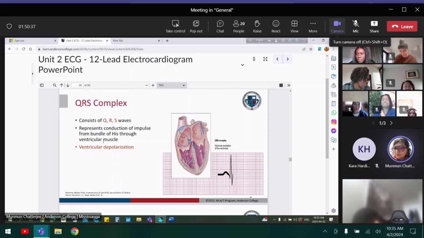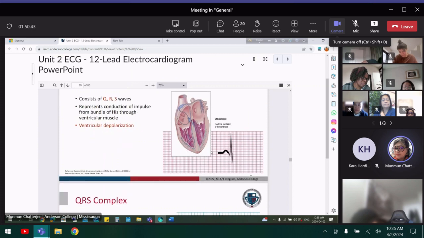The signal goes through the AV node to the Purkinje fibers, contraction of the ventricle happens in sequence, and it forms these waveforms. In ventricular depolarization, it first goes a little negative, a negative deflection, then it goes up, a positive deflection, then it goes back down.